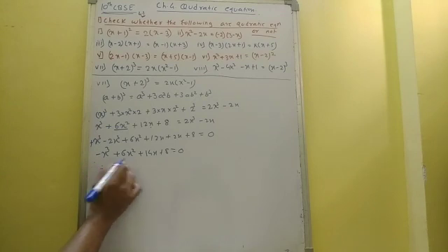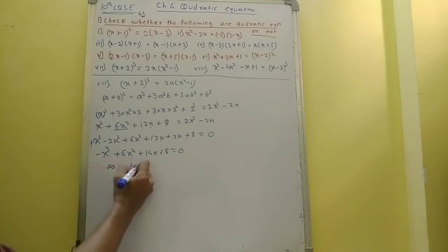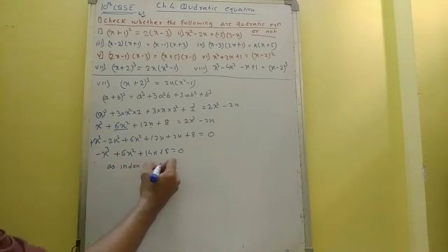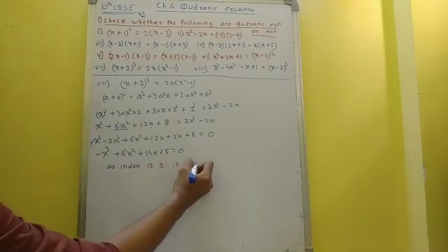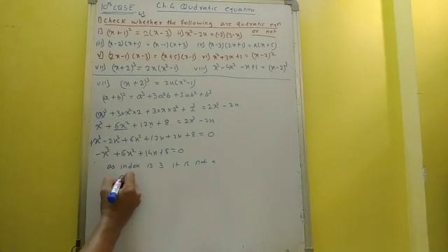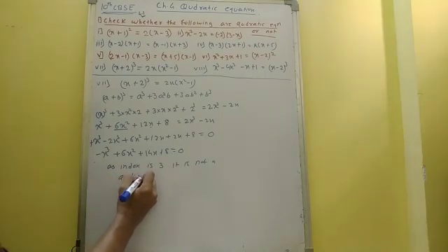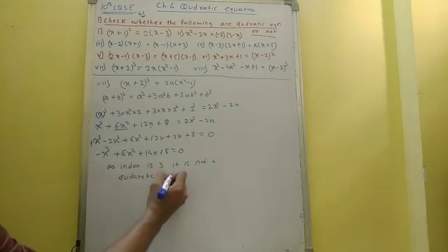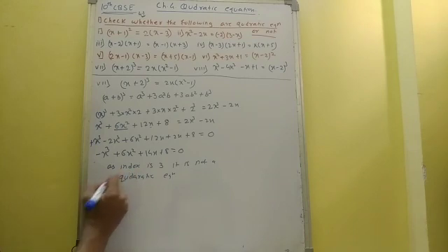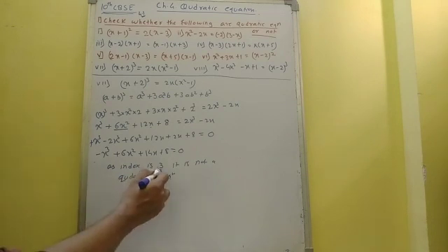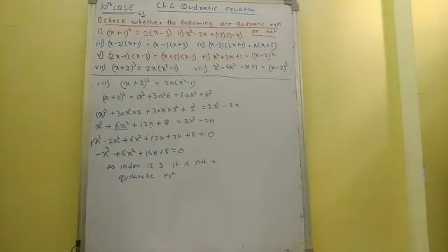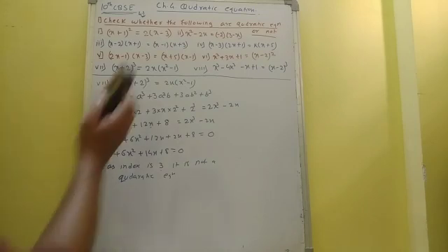Therefore, as index is 3, it is not a quadratic equation. Okay, index or highest degree or degree of the polynomial, you can say. If the degree of polynomial is 2, then only we can say that it is a quadratic equation. Okay, so I will start with the next one, 8th one.